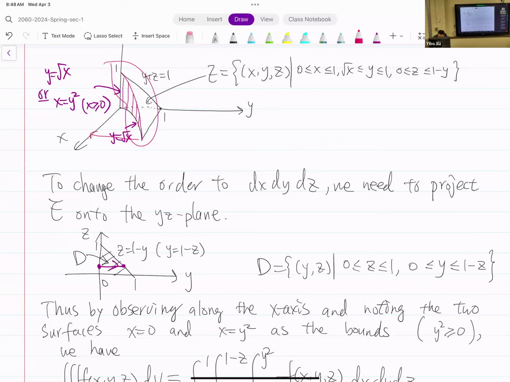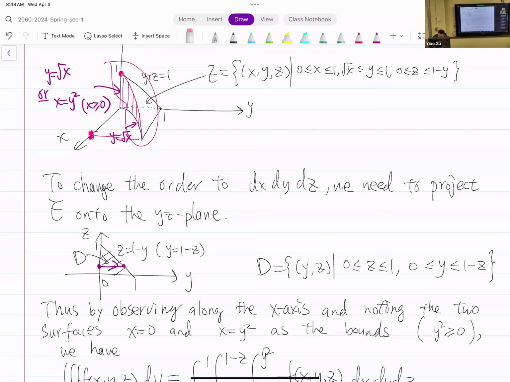This end will go to this point right here. This point stays. So the curve in red will result in some curve. How do we get that equation? Here we just need to realize that this curve in red is the intersection of the quadratic surface and the plane on the top.